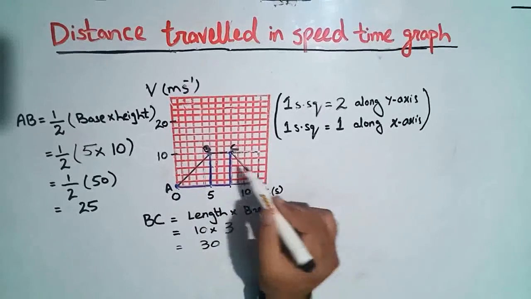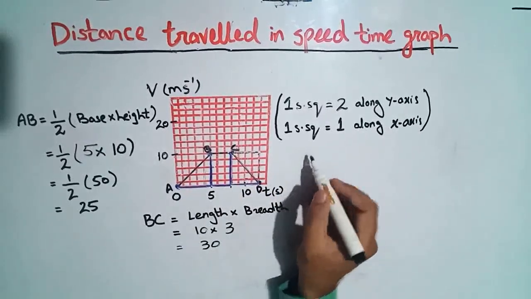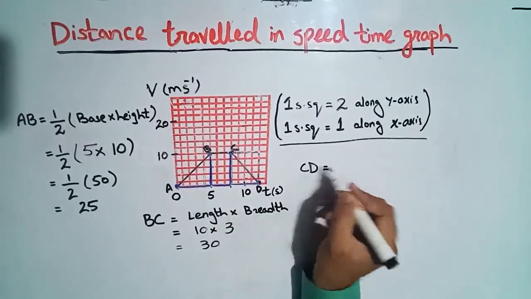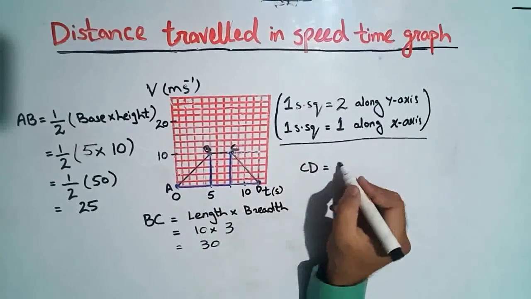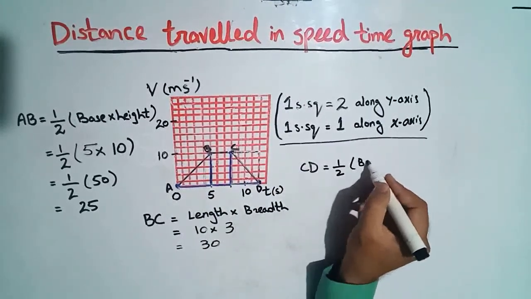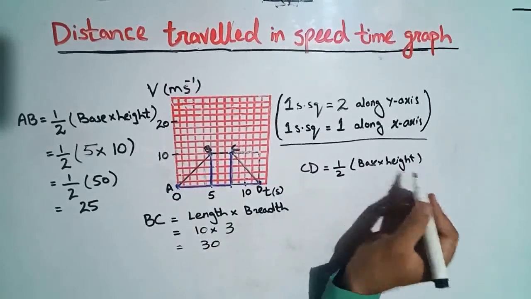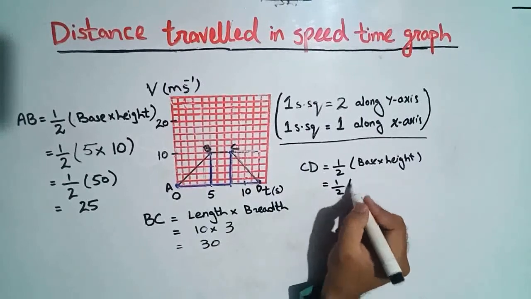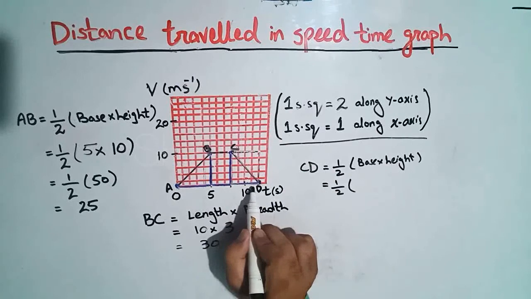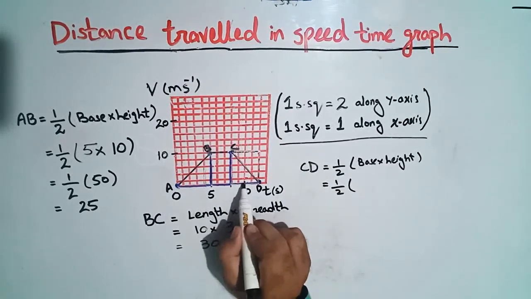Now I am going to calculate the distance under the curve CD. It is also a triangle, so the same formula will be applied: 1 by 2 into base multiplied by height. The base you can take from the base up to this point: 1, 2, 3, 4.